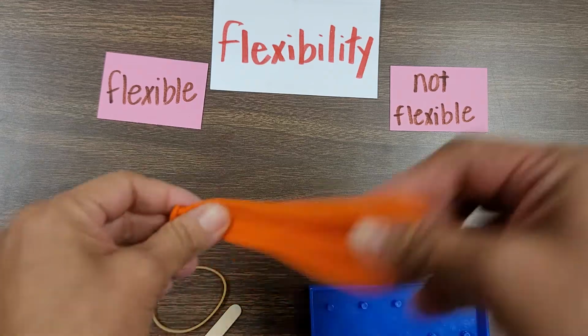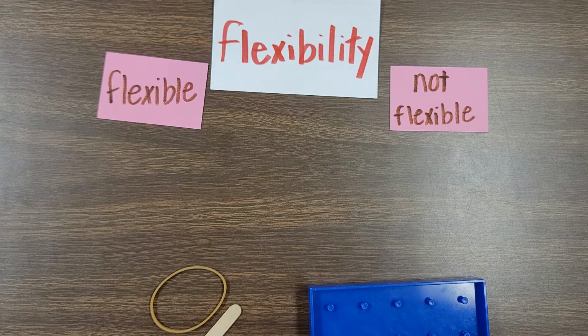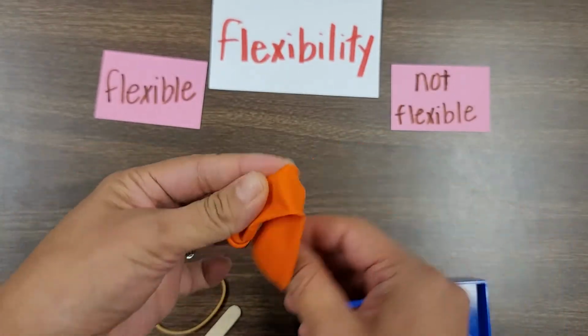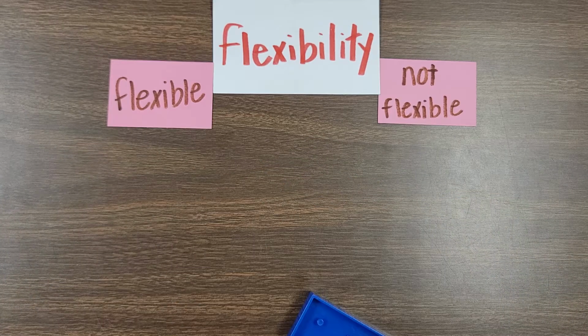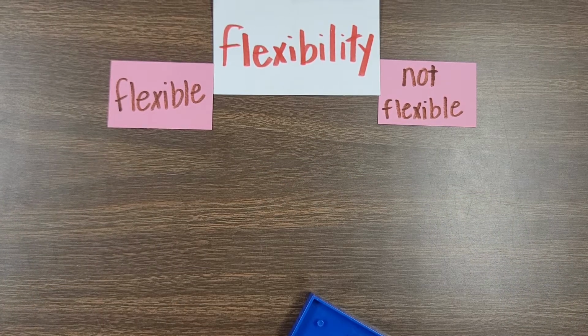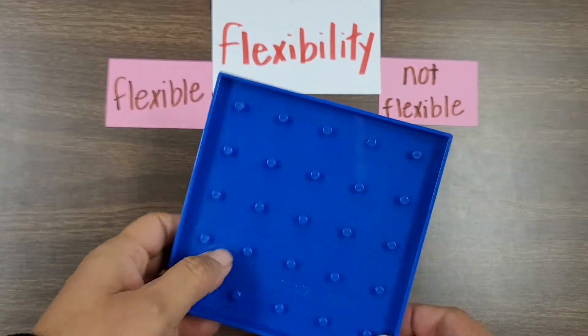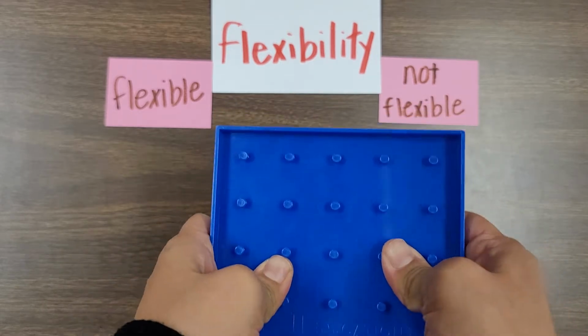And I'm going to start with my balloon. Remember, when we talk about flexibility, we're talking about, can we bend this item? Yes, we can bend this item and not break it. All right, so I'm going to start with my geoboard. I'm using the same items. And I feel like this, I cannot bend it.